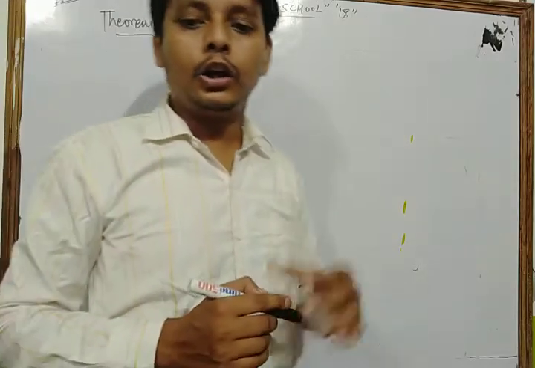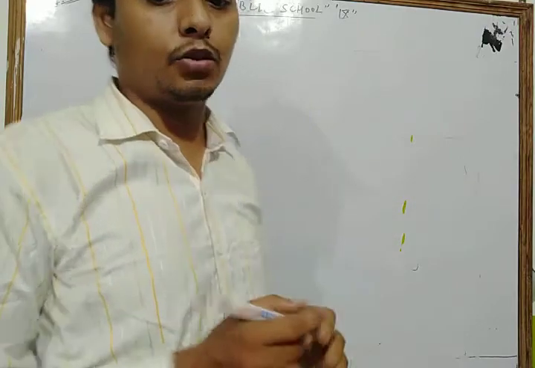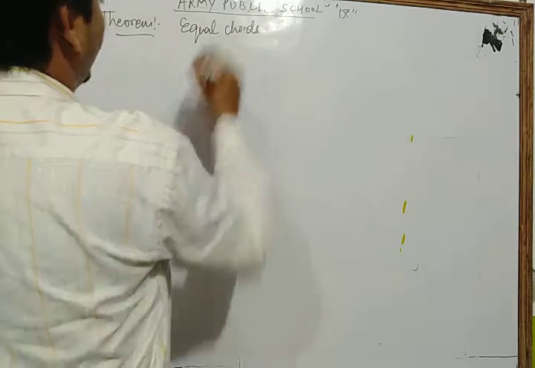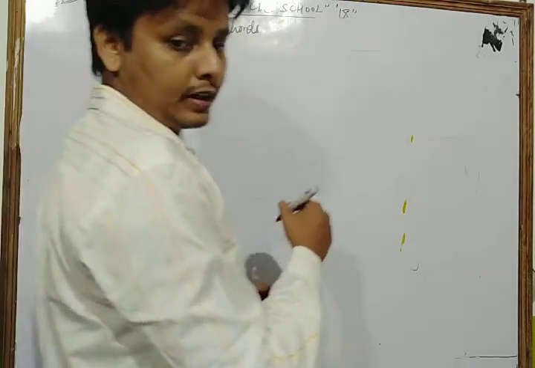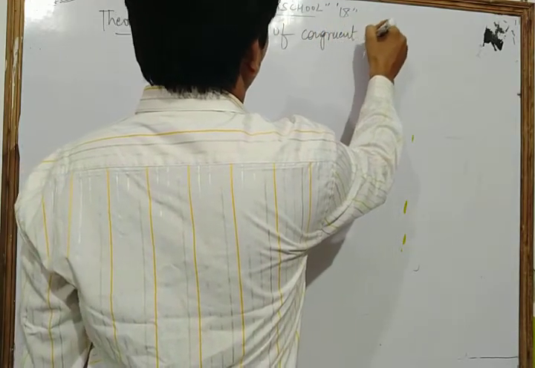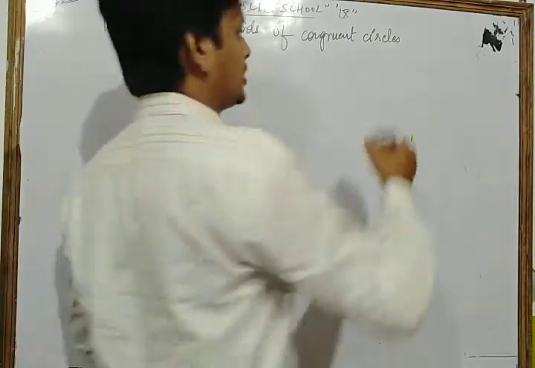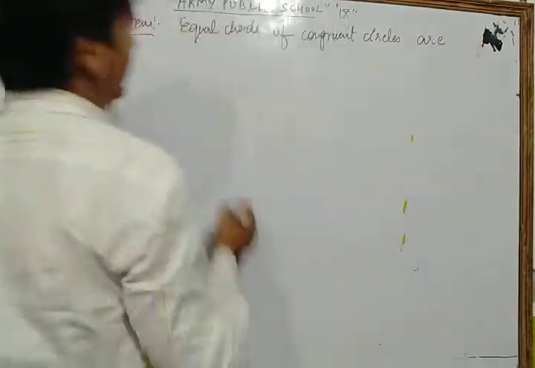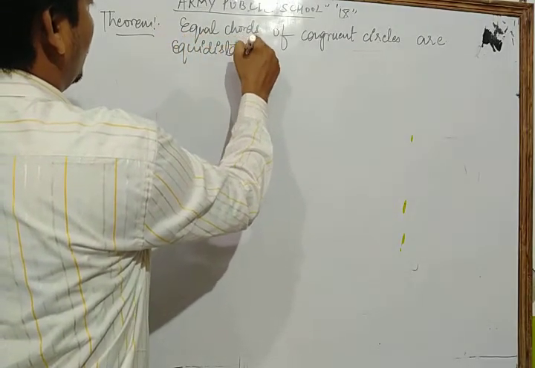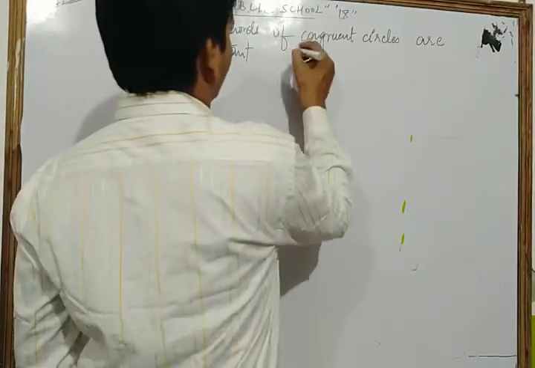Your theorem is: equal chords of congruent circles are equidistant from the corresponding centers.